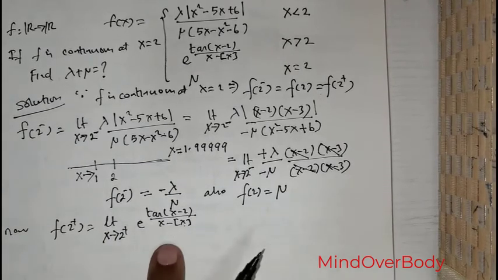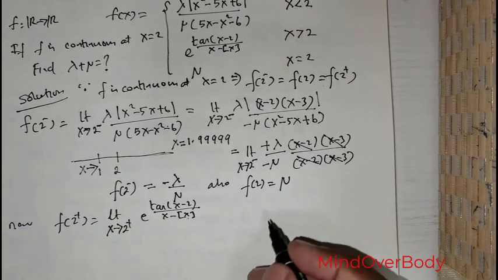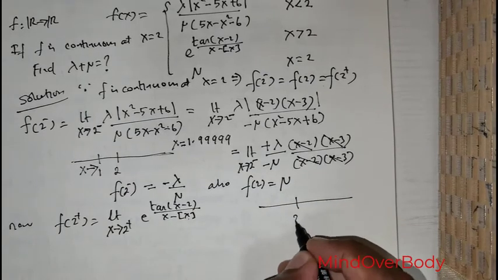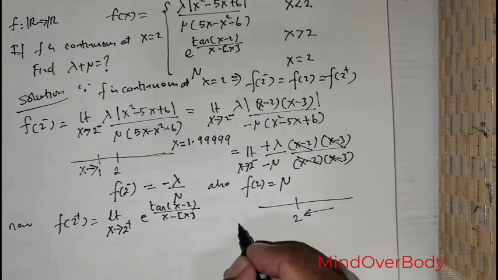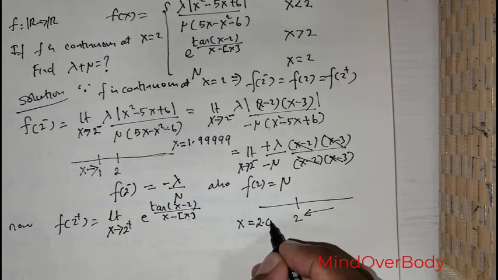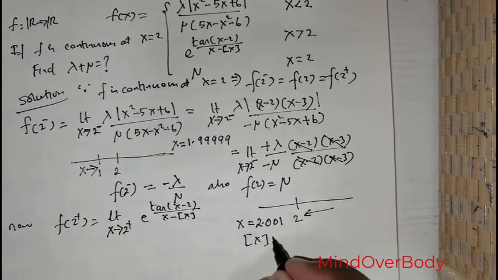Now whenever you have this greatest integer, you will have to take a value for x. Now if I were to draw the number line, this is 2, I am approaching from the right side. Now if I were to take a value of x to be 2.001, what would be the greatest integer of x?